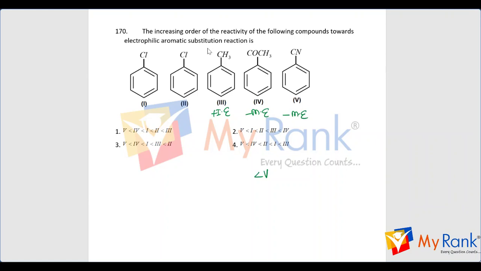And the next one is the minus mesomeric effect, the fourth one, more reactive. And here, the first one has no donating, no withdrawing group. Then you see this one has a plus inductive effect.